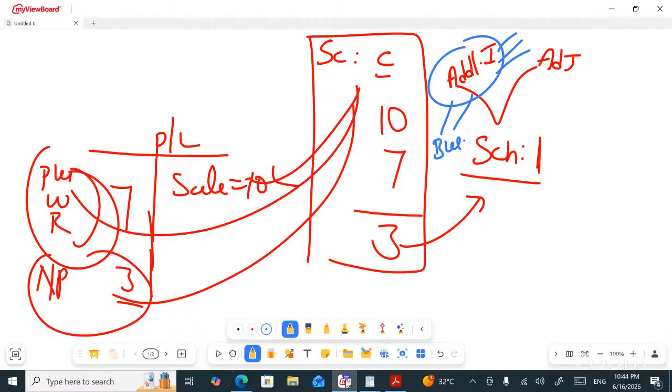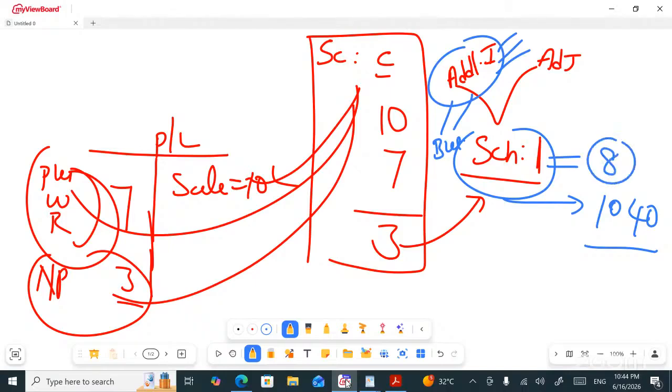Again, the total of Schedule 1 finally flows to Form 1040. So this Schedule 1 total will be covered in line item number 8, which I have already explained. So this is the background of Schedule C. Schedule 1, itemized deductions. Schedule B, interest income and dividend income. Schedule C, business income.